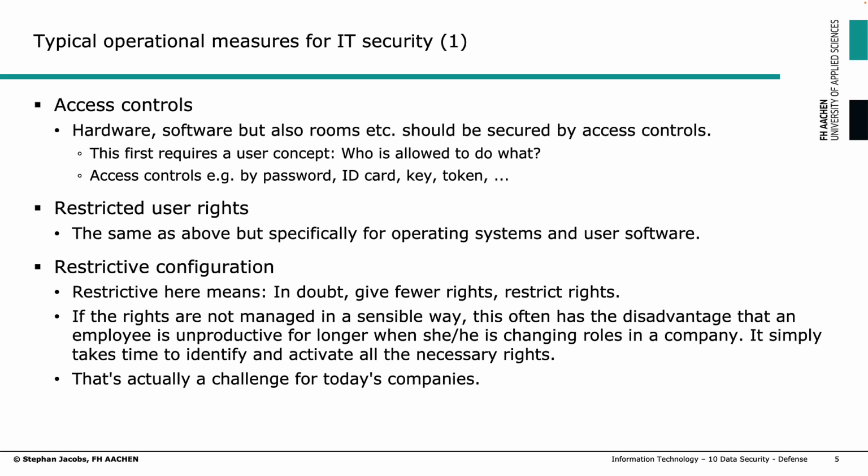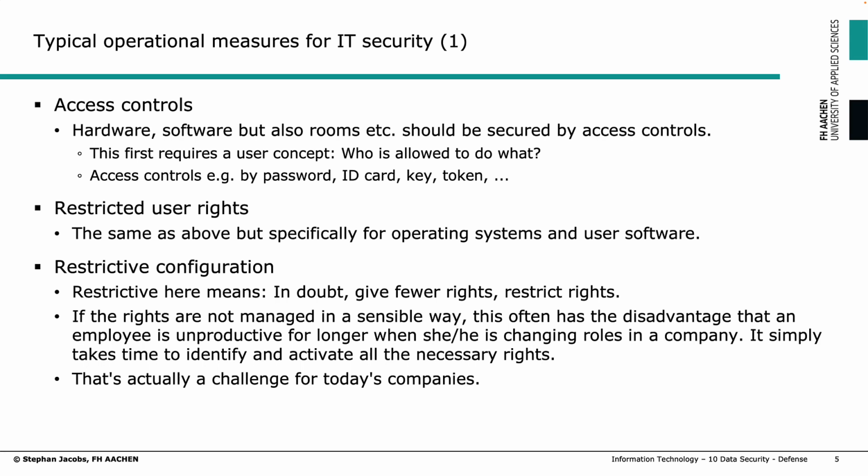And if the rights are not managed in a sensible way, this often has the disadvantage that an employee is unproductive for longer when she is changing roles in a company. So we worked on a thesis where we simply tried to measure how long it takes if an employee moves from one department to another, and on average it takes 2 to 3 weeks in bigger German companies until the employees become productive again, until they have all the rights.